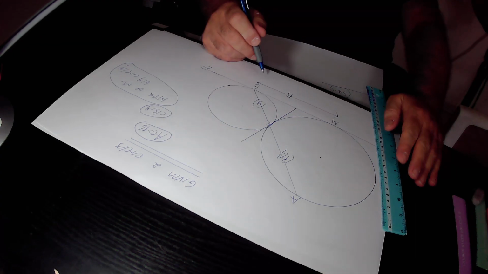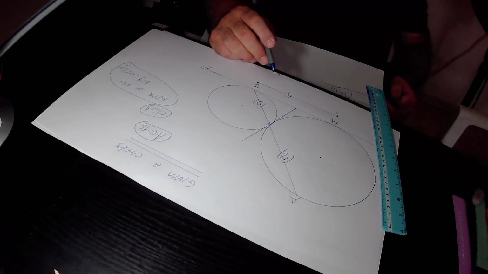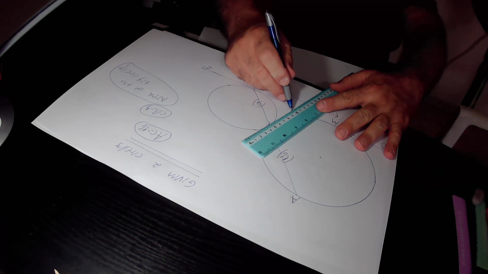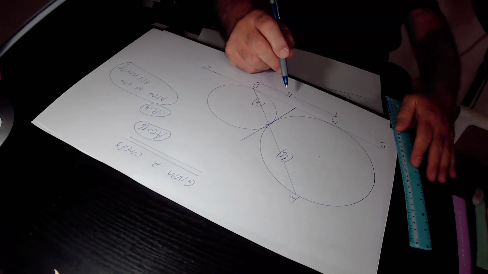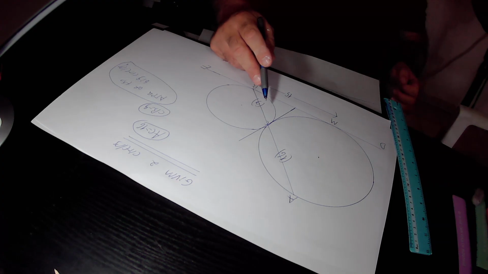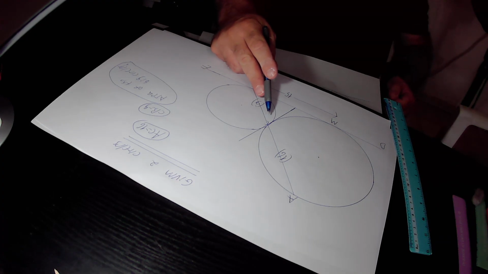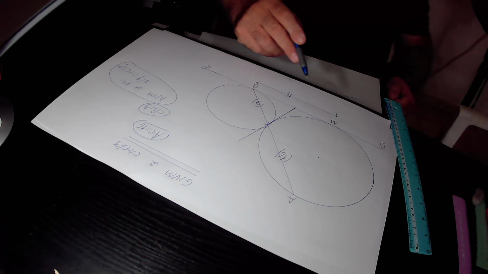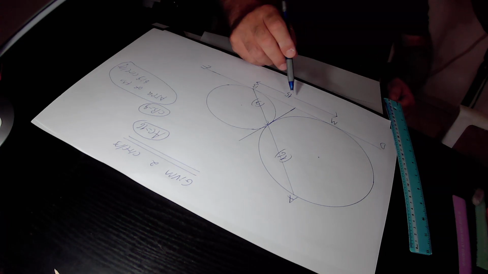And we will define the point of tangency. We define the touching point of this tangent with side DE. This point is point N.